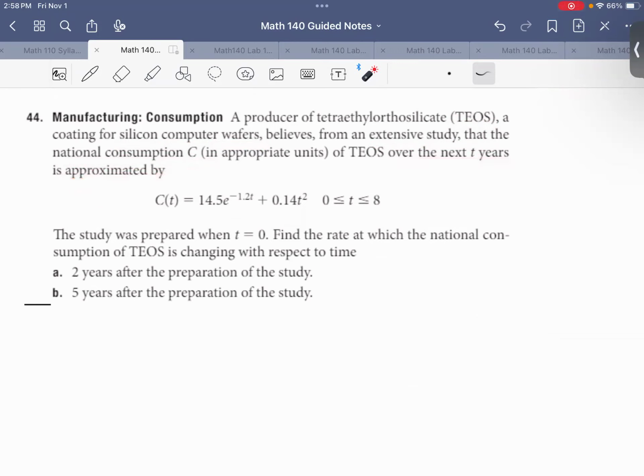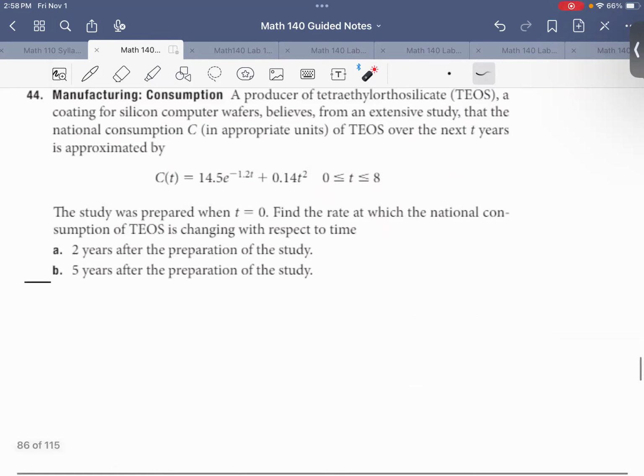C of T equals 14.5 e to the negative 1.2 T plus 0.14 T squared, where T is between 0 and 8. So the study was prepared when T equals 0, so 0 years.